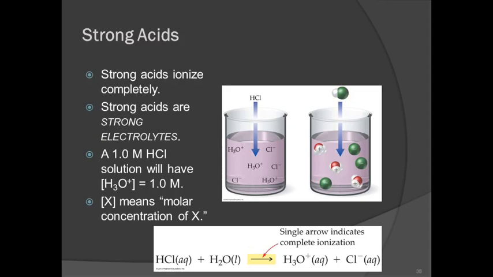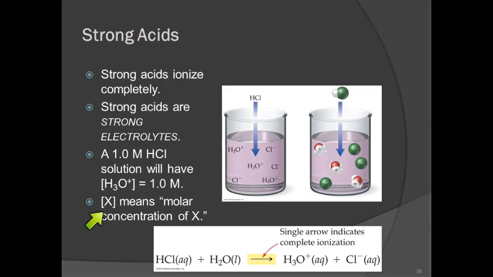Do you remember what a strong electrolyte is, or what it does? Does it conduct electricity? Yes, it does, because there are ions in solution. And so it conducts electricity very well. When we look at concentrations of strong acids, HCl is a strong acid. A 1.0 molar HCl solution will have a hydronium ion concentration equal to 1.0 moles per liter, because all of it ionizes.